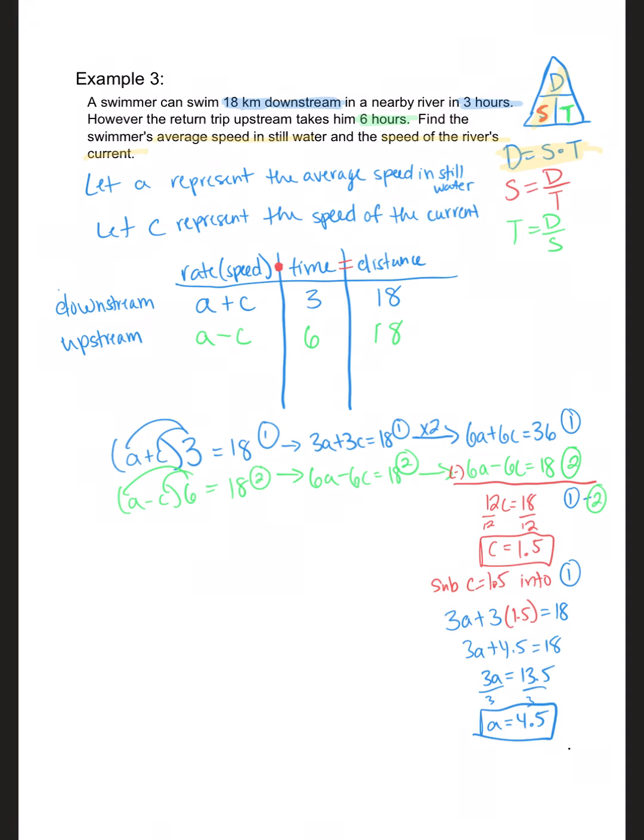If you continued on with elimination, hopefully you identified that C was going to be 1.5 and A was going to be 4.5. Let's conclude with a therefore statement. Therefore, the average speed in still water is 4.5, and make sure we put on our units of measure there.